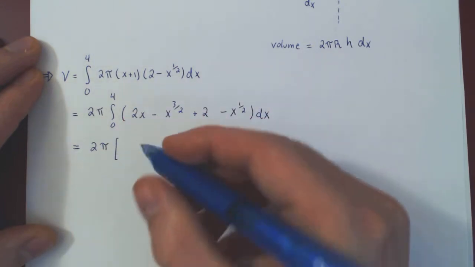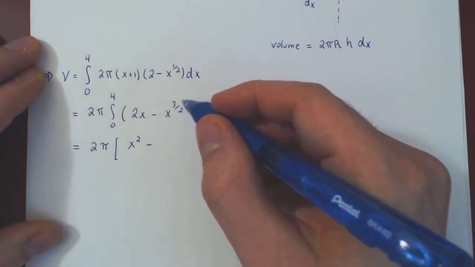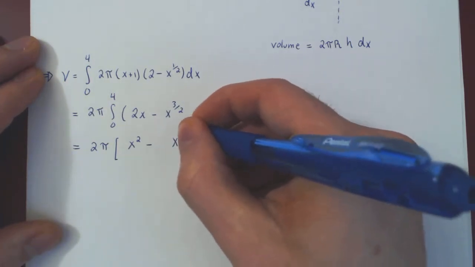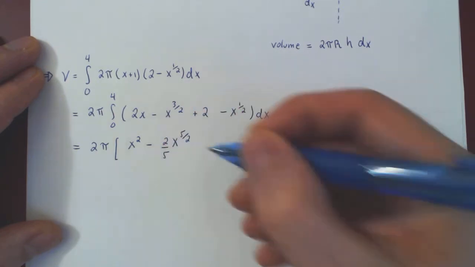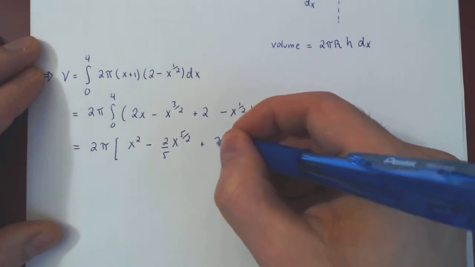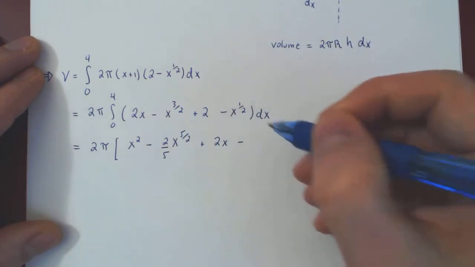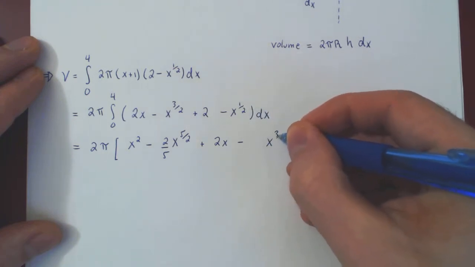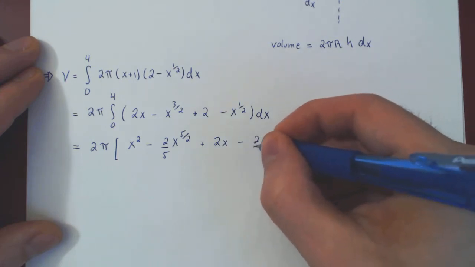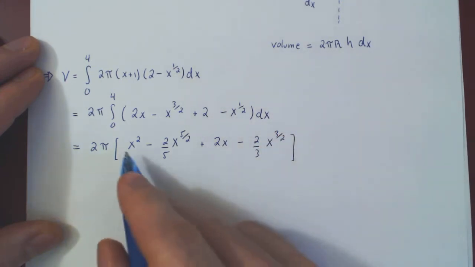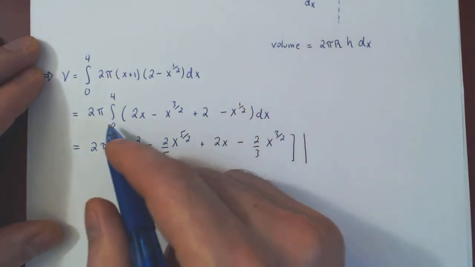If you integrate 2x, you get x squared, minus, power rule here, add to 3 half 1 half, you get 5 half, and you must divide by 5 half, which means multiplying by 2 over 5, plus the integral of 2 is 2x, minus again the power rule, add to 1 half 1, you get 3 half, divide by 3 half, multiply by the reciprocal 2/3. So this is our antiderivative, and we have to evaluate the antiderivative as x goes from 0 to 4.